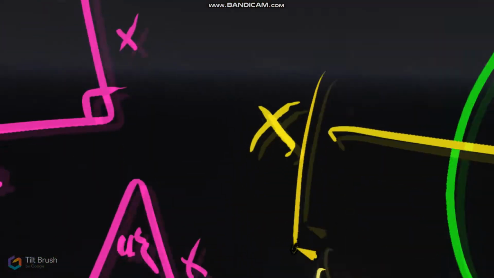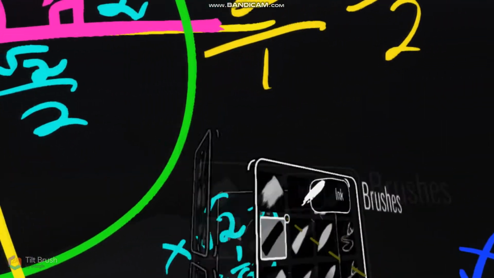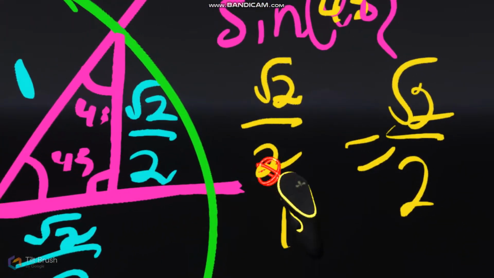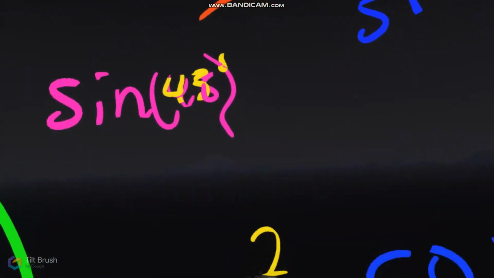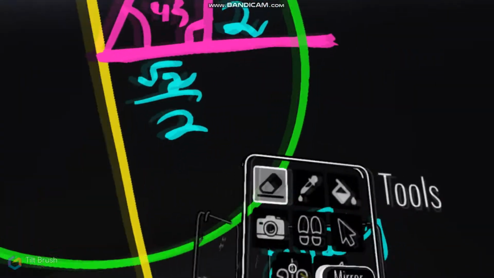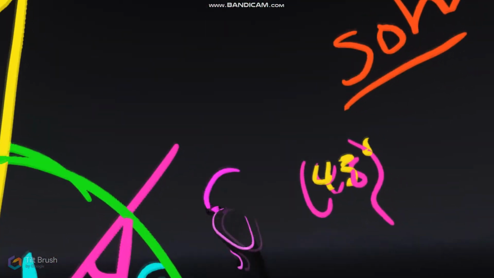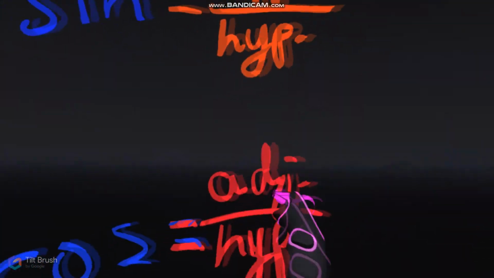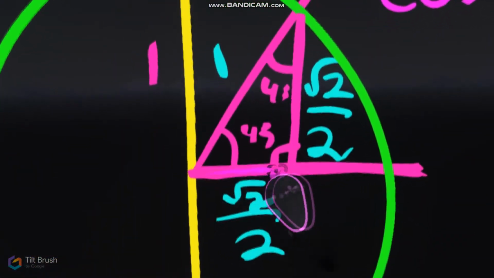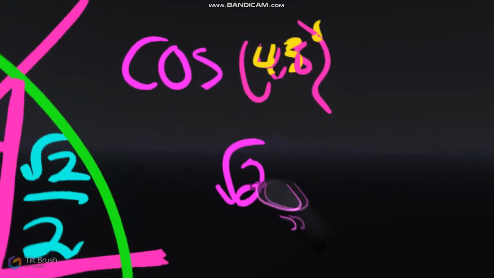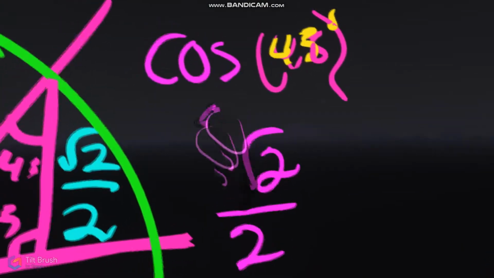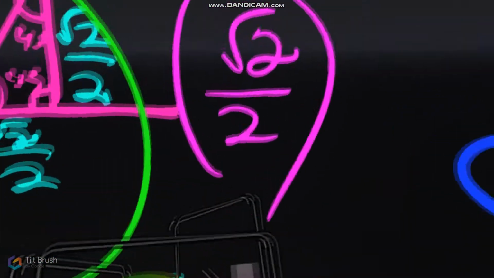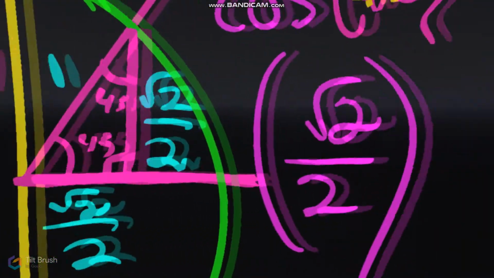For the cosine, let's erase all this. We take the adjacent side, root 2 over 2, and divide it by the hypotenuse.